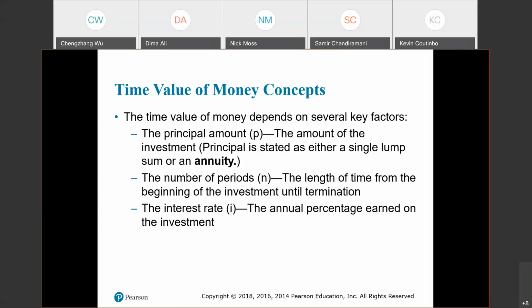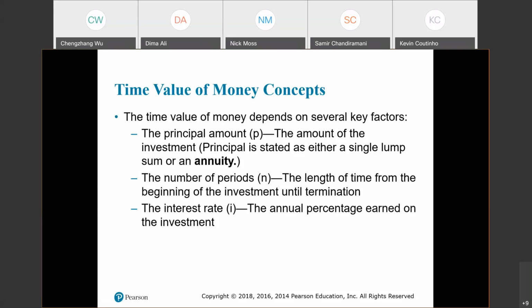Here I would like to let you know that the interest rate is often represented as annual interest. So that's why I said that in this chapter, the number of periods, the N, is also stated in years.